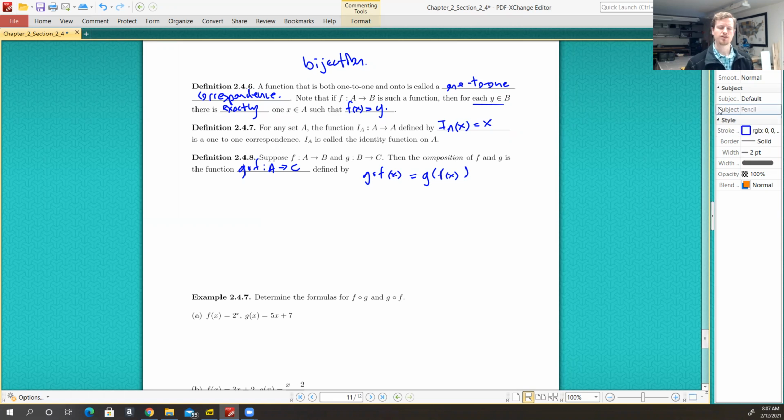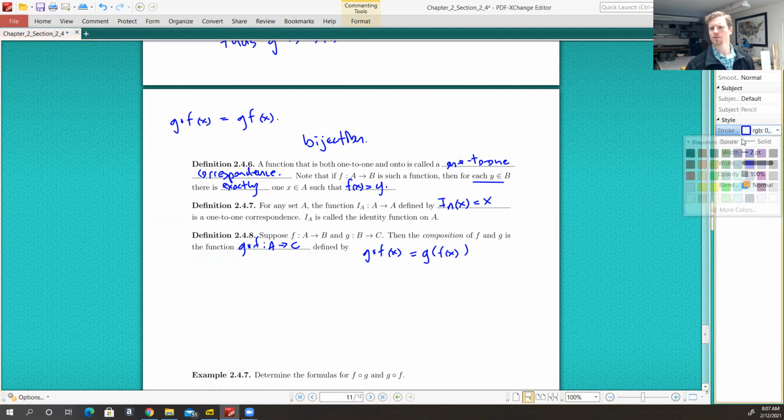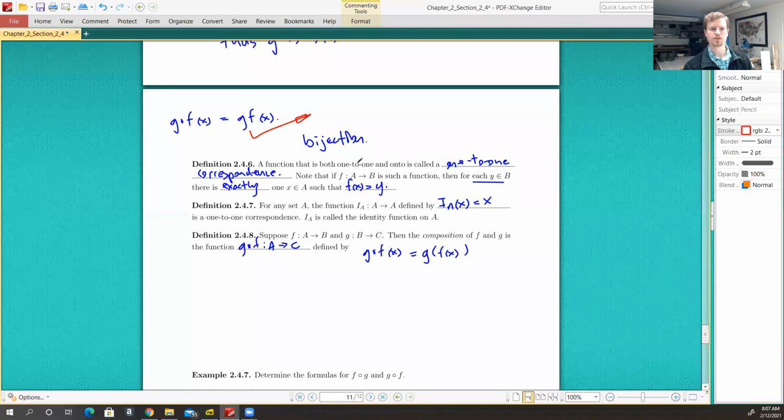You might notice your textbook gives the notation slightly differently. We say g composed with f of x, and the textbook writes it as gf of x. The reason that I'm not using that here is because those of you that are familiar with the algebra of functions might recognize that this is typically the notation for multiplication of functions. If I take two functions and multiply them together, that's the notation that I would use.